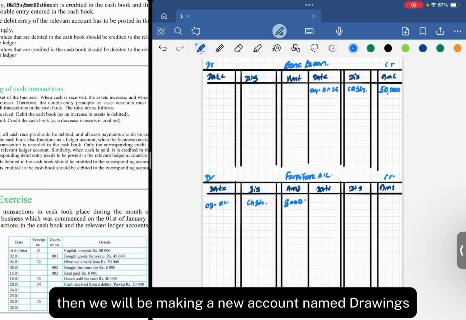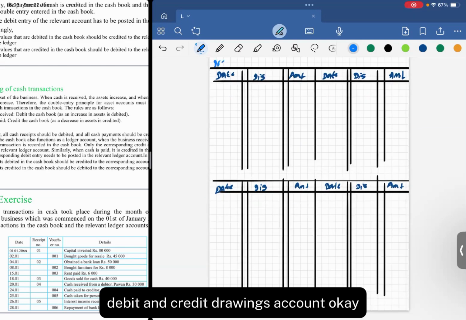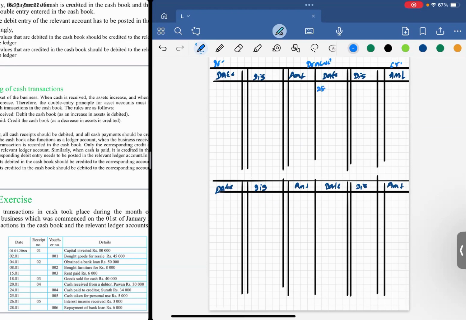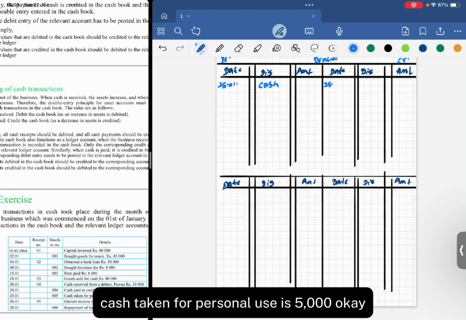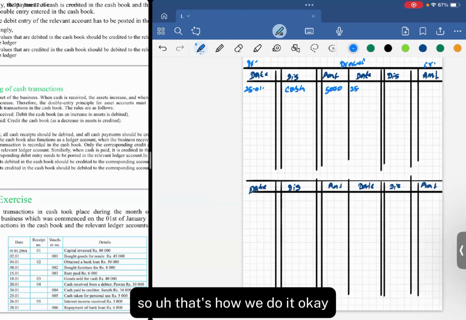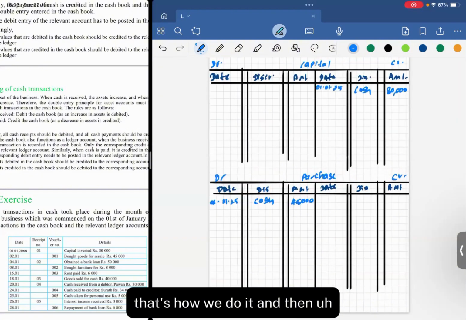Then we will make a new account named drawings account, with debit and credit sides. So the date is 25th Jan, cash account, and then drawings, cash taken for personal use, 5,000. Okay, so that's how we do it.